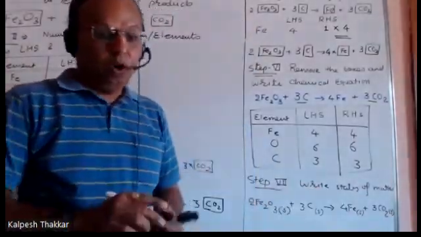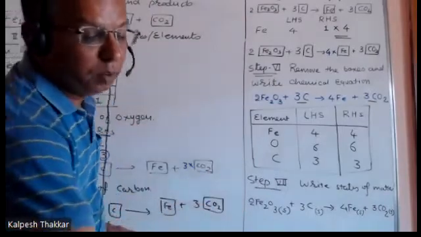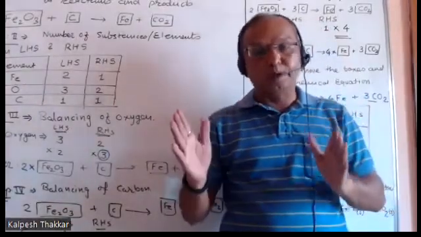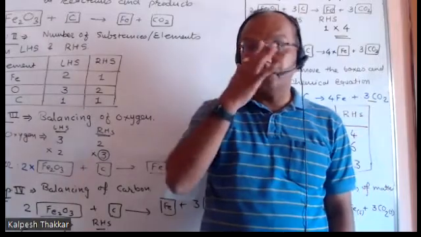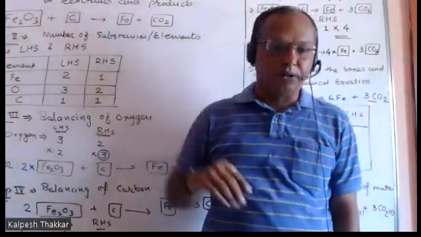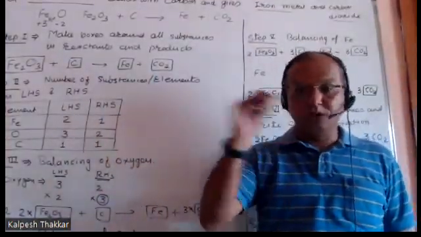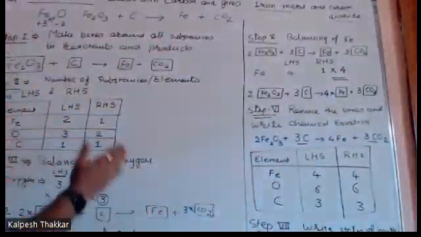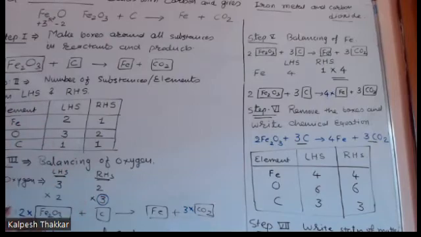So now all 7 steps are there. Steps in this balancing may vary, may change as per the number of elements. But friends, some steps, for example, step number 1, in which we are making the boxes, and in the second step, friends, we are making the LHS and RHS, are common for all balancing.